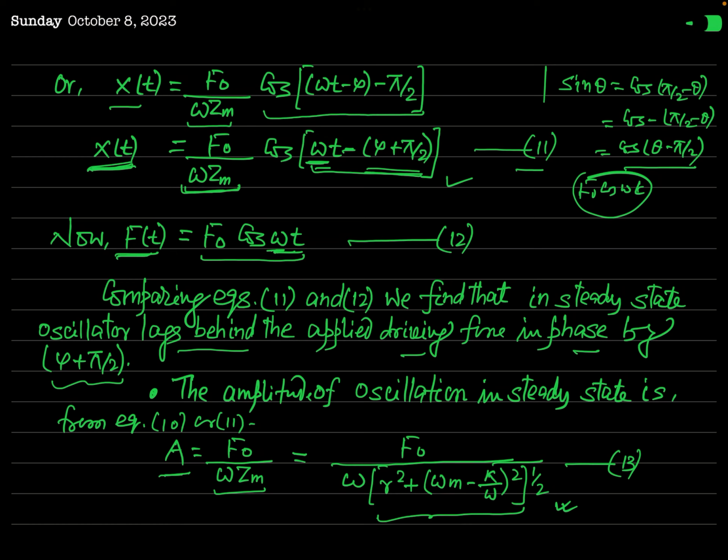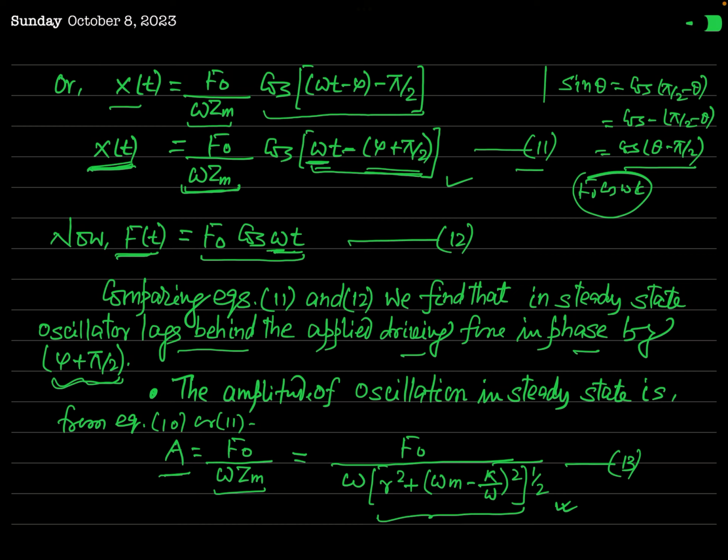Okay. So when we have taken the real part of the applied driving force as the applied force, you have seen that the oscillator lags behind the applied force in phase by phi plus pi by 2.